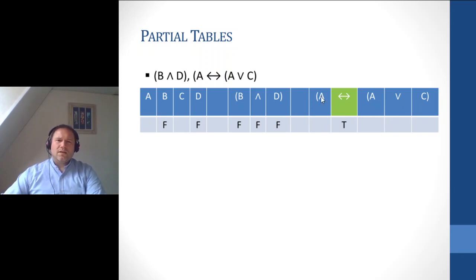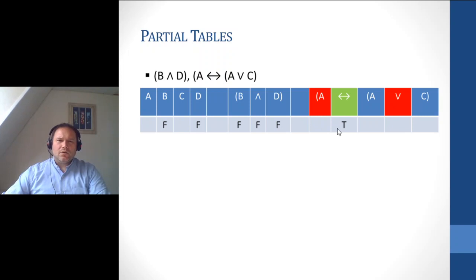So one side here is just the atom A, and the other side is our disjunction. This one seems pretty easy. We can just fix the truth value for A directly. We can either make it true or we can make it false.